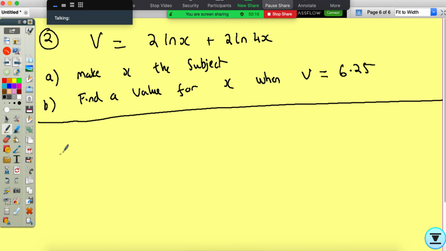So, first thing I'm going to do is switch my formula around so that I can do stuff with it. Now, I can't use my rules to push my ln's together because of these two coefficients of 2.